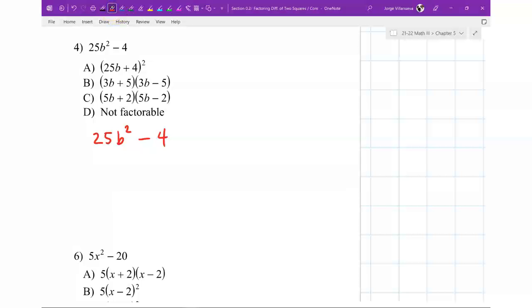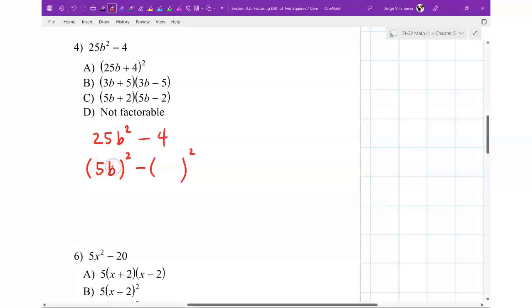So now let me go ahead and put the parentheses. The first thing is you want to double check to make sure that you can't factor something out first. Now, what squared is 25b squared? What squared is 25? 5. What squared is b squared? b.